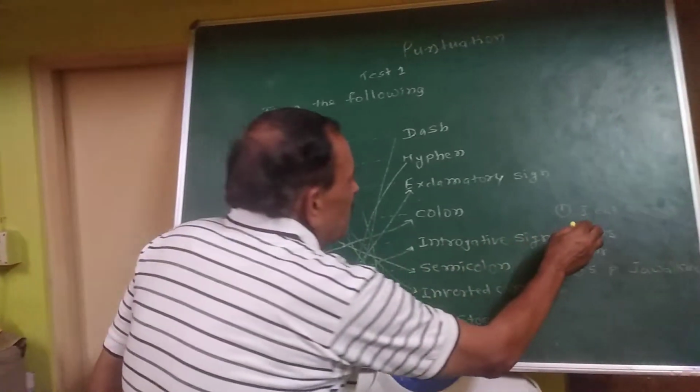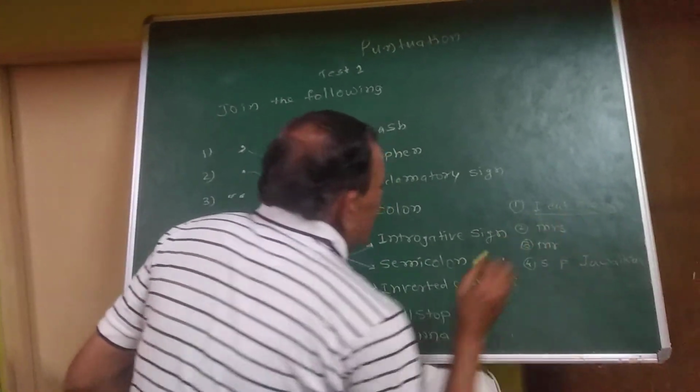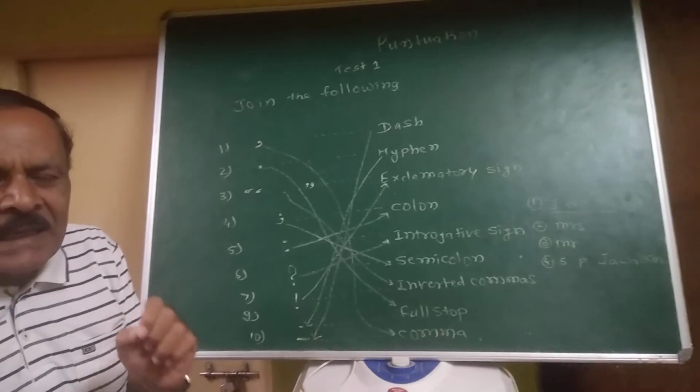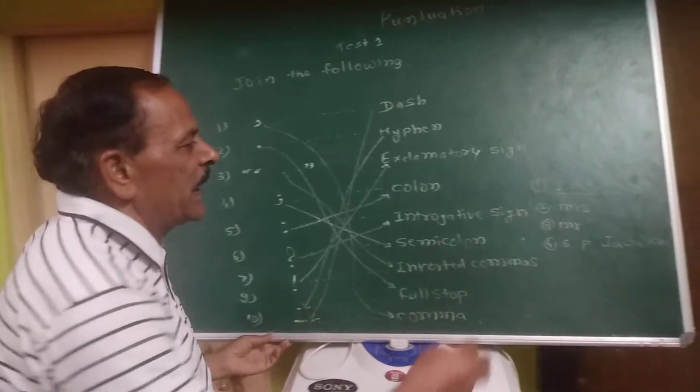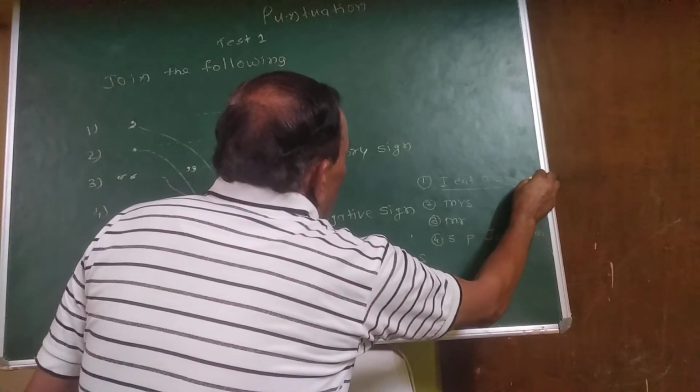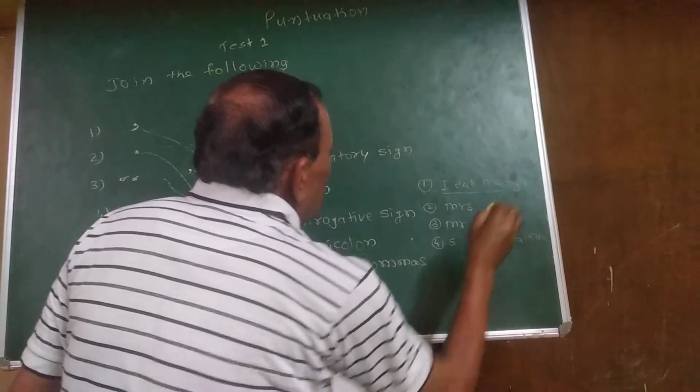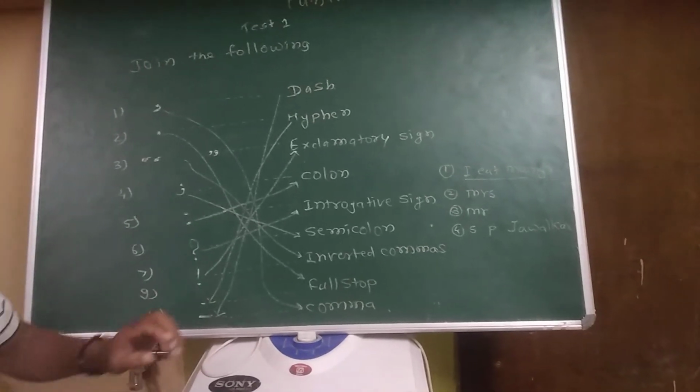Of course, first is assertive sentence, declarative sentence. So it ends with full stop. Here we must have to give the small dot. That is full stop.